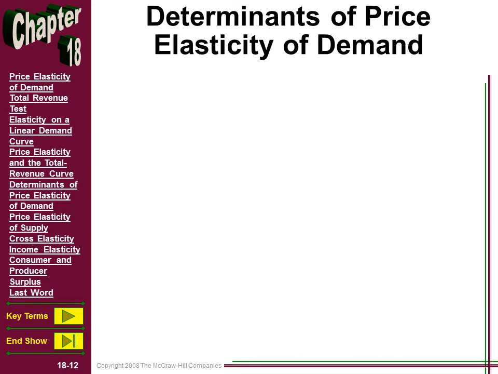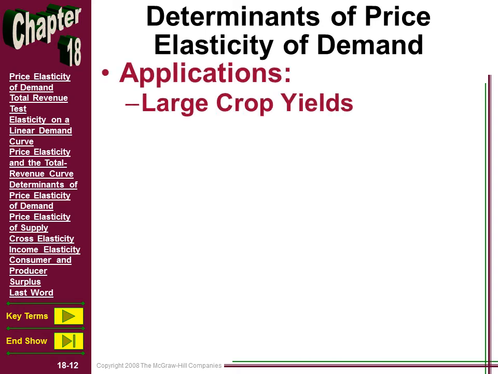So we will finish up our video lecture, our study of elasticity of demand, by talking about some real-world examples or some applications of elasticity of demand. The first one is large crop yields. Now remember our characteristics of elasticity: number of substitutes, percentage of income, luxury versus necessity, and a time factor.